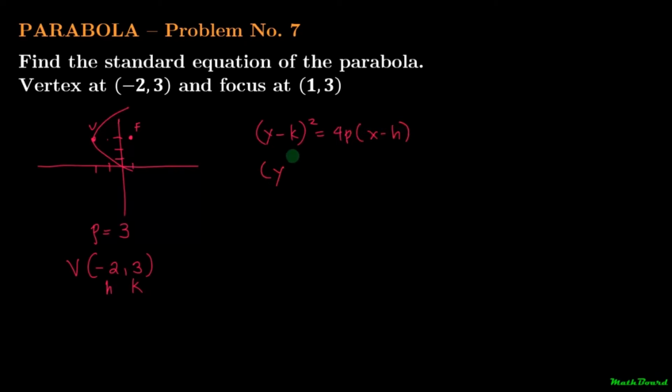Substitution, so y, our k is 3, so minus 3 squared equals 4 times p, so 3 times x, your h is negative 2, this becomes plus 2. So you have y minus 3 squared equals 4 times 3, that's 12, x plus 2. So this is the equation of the given parabola.